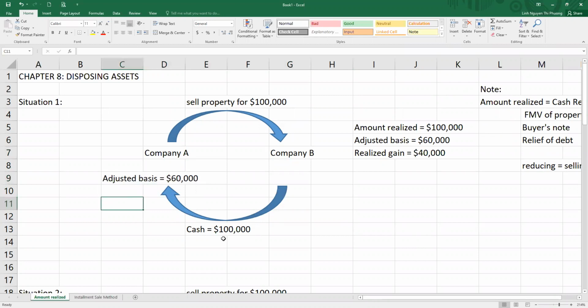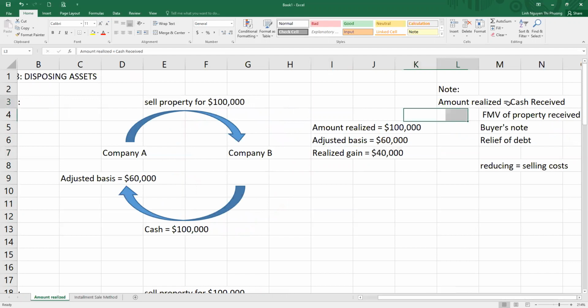So company B will give cash of 100,000 to company A. The amount realized in this case will be 100,000, and when we subtract the adjusted basis of 60,000, it will give us a realized gain of 40,000. So remember, amount realized equals the cash that we receive.